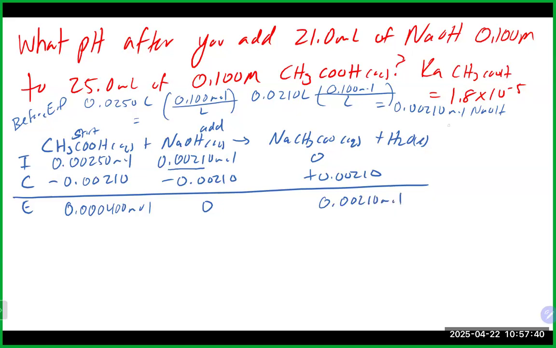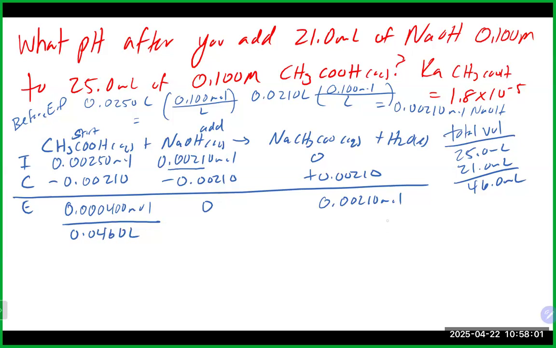Now, we do want our total volume. So to reach this point in our titration, obviously we started with 25 mils of our acid. We added 21 mils of our base. That's 46 milliliters at this point. We're going to divide everybody here by the liter version of that, 0.046 liters.